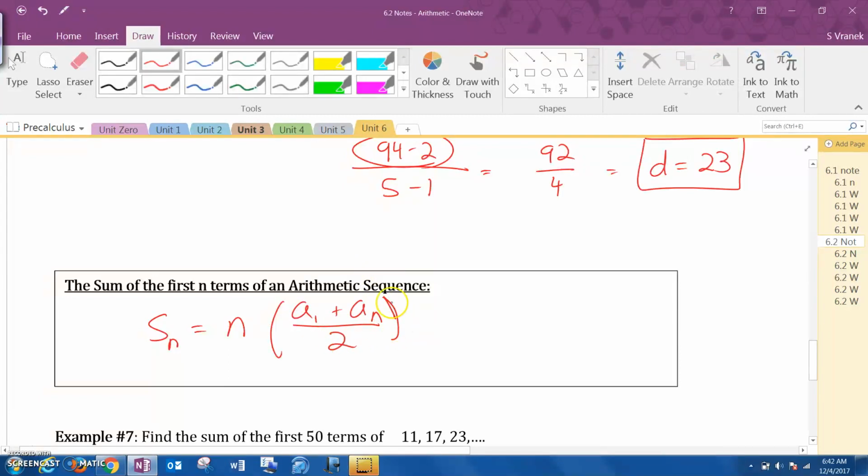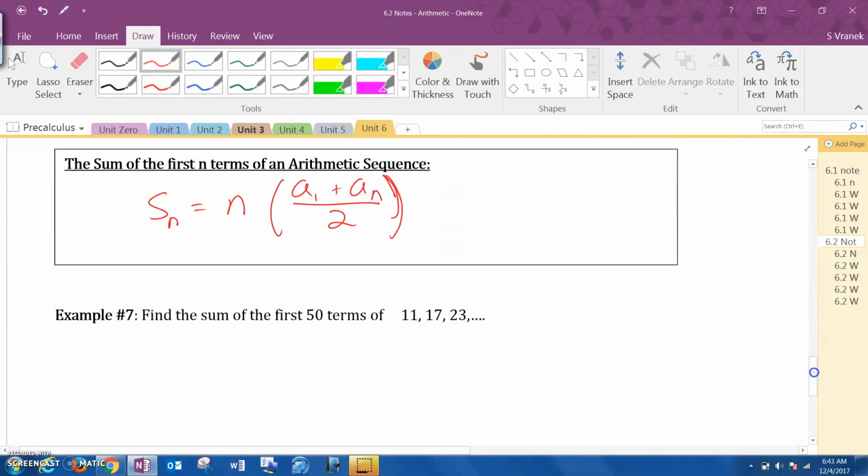And that makes sense, because if you think about it, let's take that 1 through 100 one again. 1 plus 100 is 101. 2 plus 99 is 101. 3 plus 98 is 101. So adding those together, but the problem is we can't say then times 100, because we're using 2 numbers at a time. So really there are 50 pairs of numbers. So that's where the divided by 2 comes in.